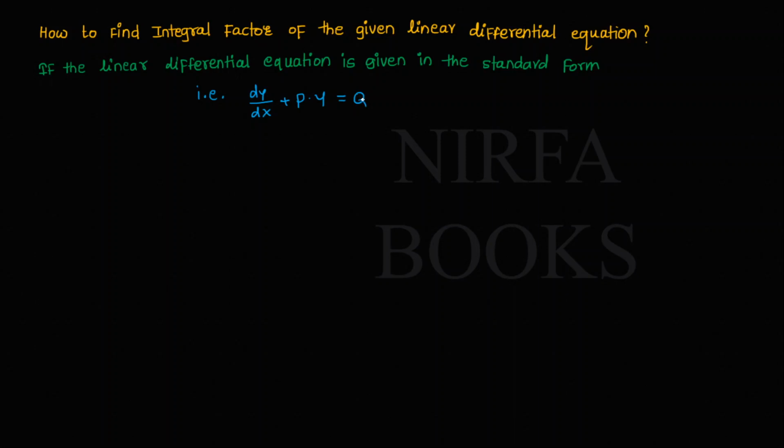It must be a function of x or a constant term. So this type of form is called a linear differential equation, and we can find its integral factor by using the formula e to the power integration of that p with respect to x. The abbreviated name of integral factor is IF.